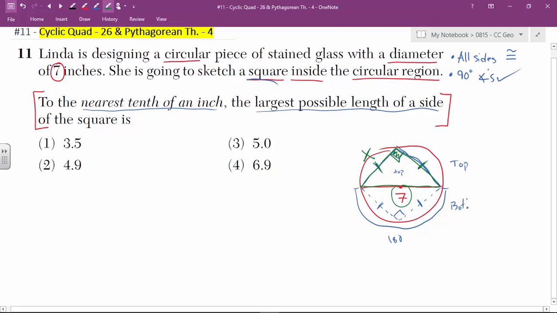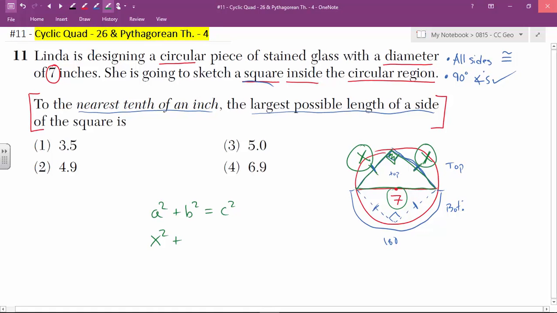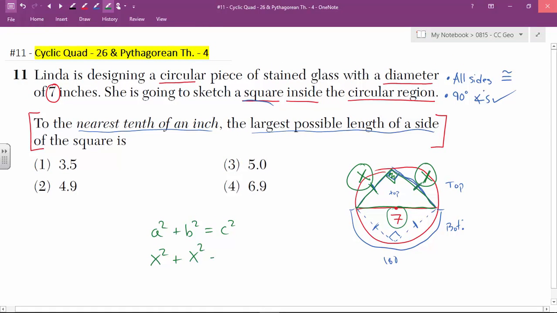Well, since I know these two legs are equal to each other because they're both sides of a square, and sides of a square have to be equal, they're both going to be x. And now I can use the Pythagorean theorem, which says my leg squared, so x squared, plus my other leg squared, x squared again, has to equal my hypotenuse squared.